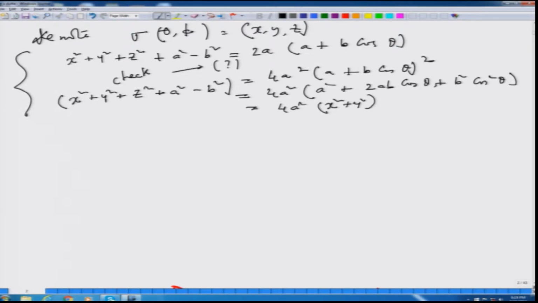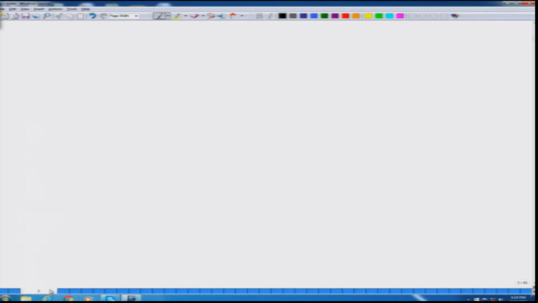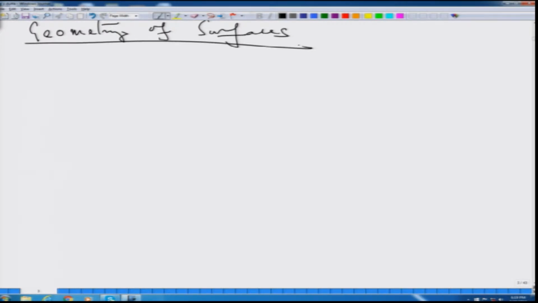Next we move on to geometry of surfaces. So, by surface again throughout this course, as I said, it will be regular smooth surface. Now, as for the curve, what is geometry?